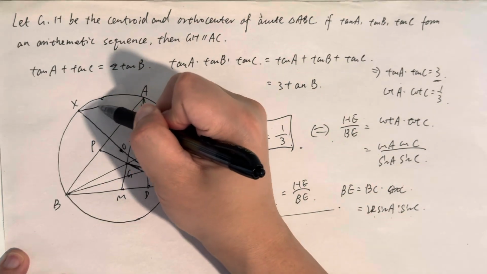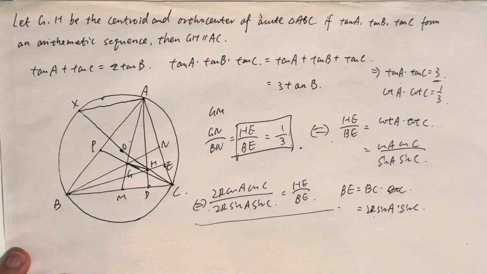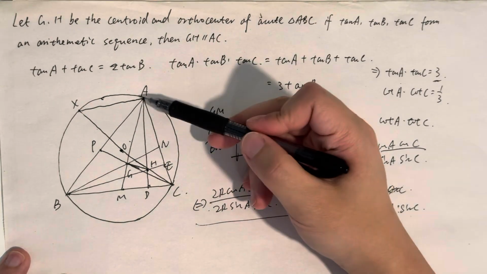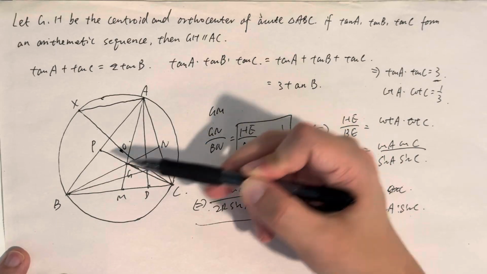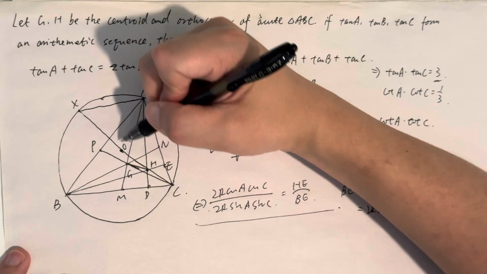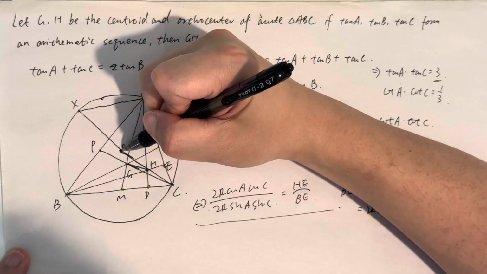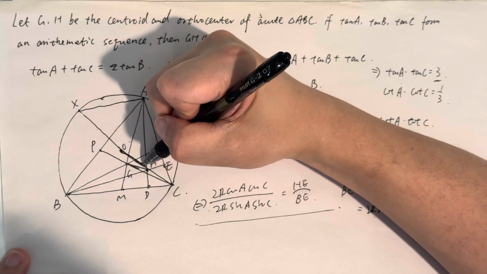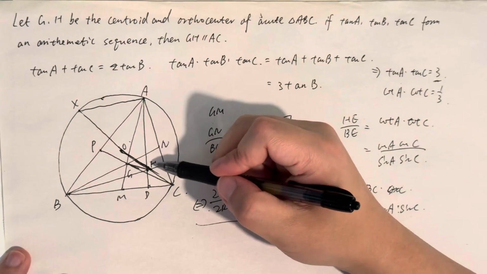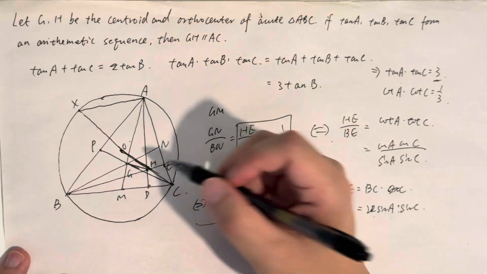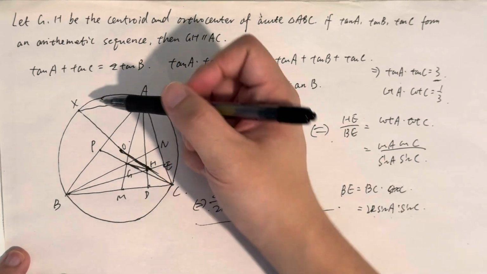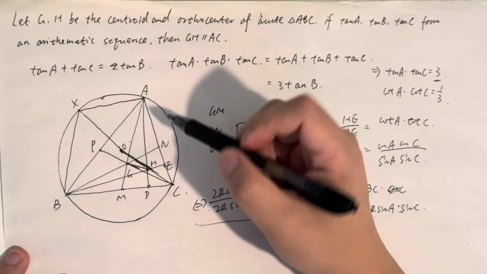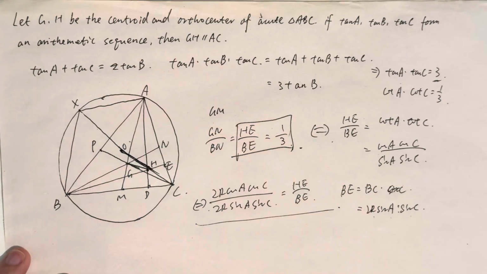Then we connect AX. So what do we get here? We know that AHBX is a parallelogram, right?